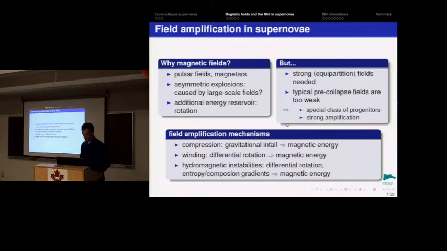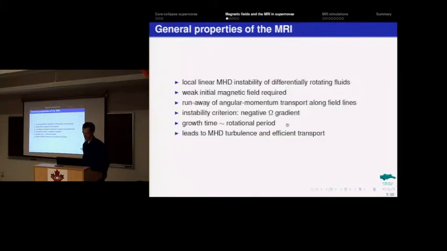Now, of those amplification mechanisms, the last one, the instabilities, is particularly interesting because it leads to exponential field growth. And as we start from very tiny initial fields, probably a linear growth is not sufficient to lead to strong fields within the times we require them.